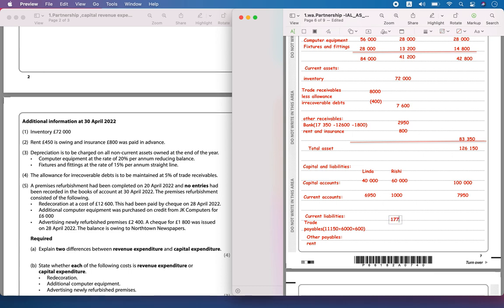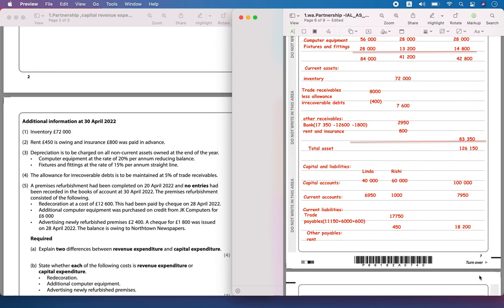The rent owing was 450. So the total payables, let's add up these two: 17,750 and 450, that will be equal to 18,200.